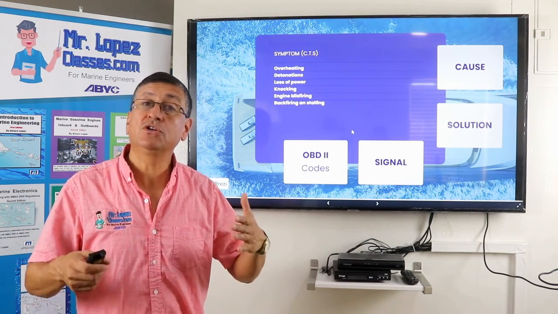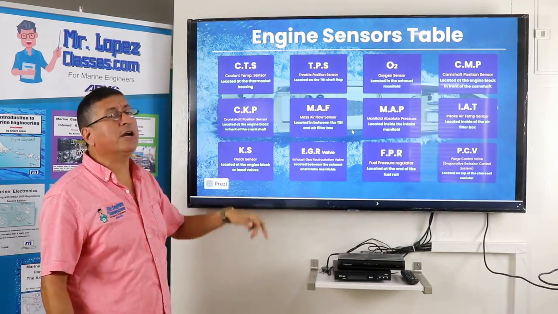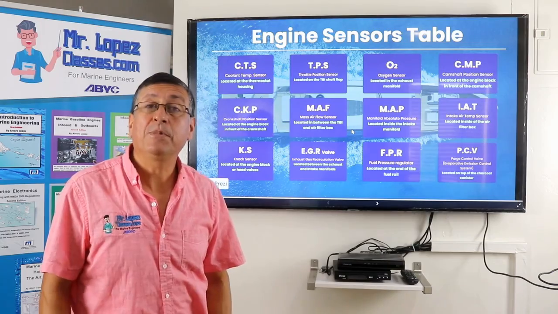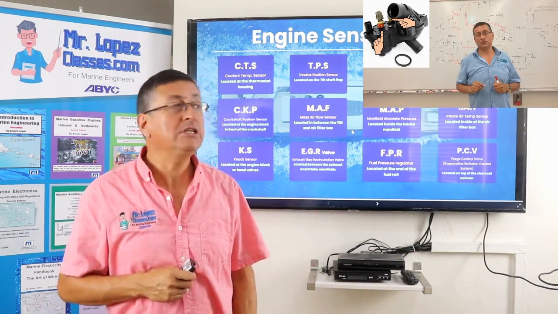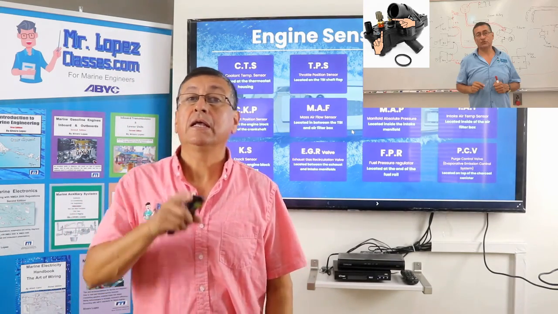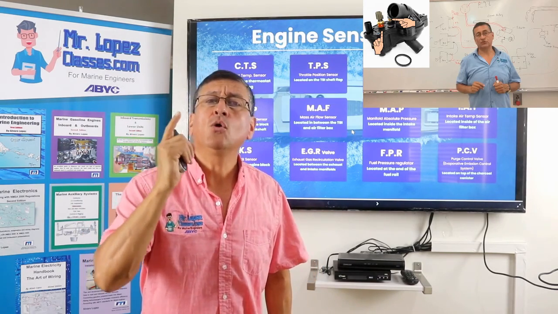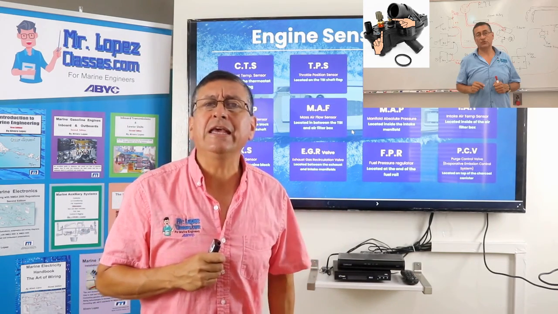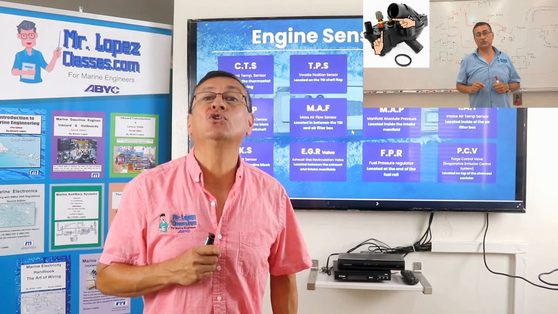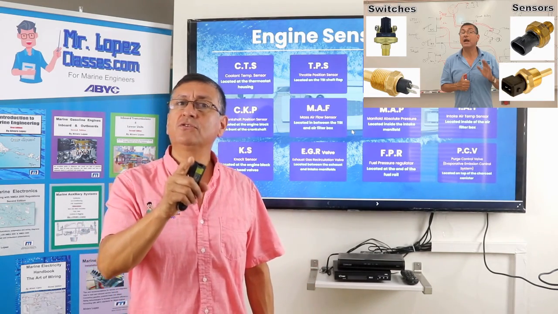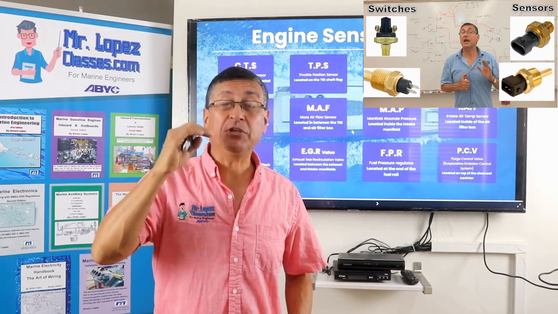Let me refresh quickly about the coolant temperature sensor. Where is it located? The coolant temperature sensor is located at the thermostat housing. Remember, in the thermostat housing, normally you have one coolant temperature sensor and the other one is the coolant temperature switch. The switch is used when the temperature passes the limit.